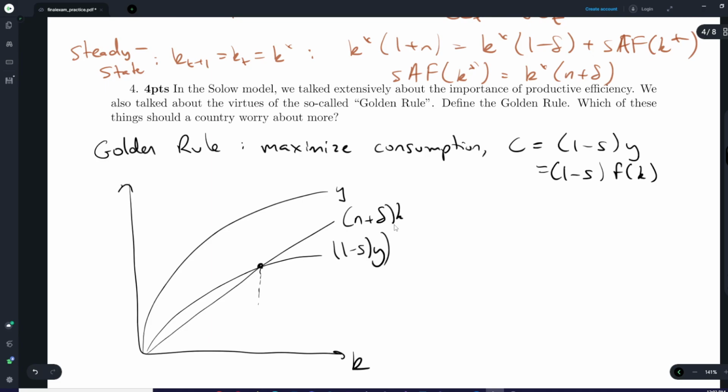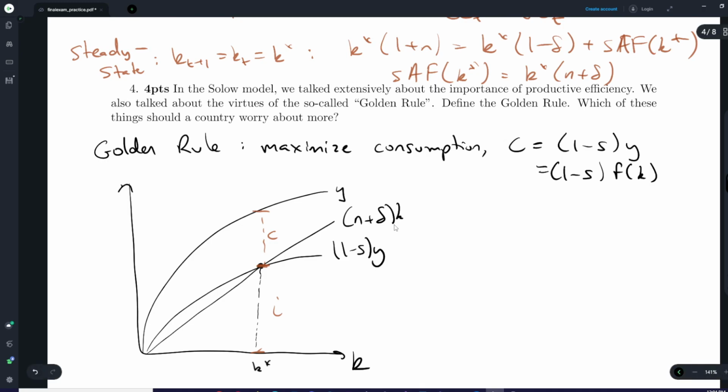So when I pick a level of a savings rate, it induces a certain level of capital accumulation, right? Whatever savings rate I pick gives me my steady state, and this divides the economy up into investment and consumption, right? So investment is how much I spend, consumption is whatever is left over.